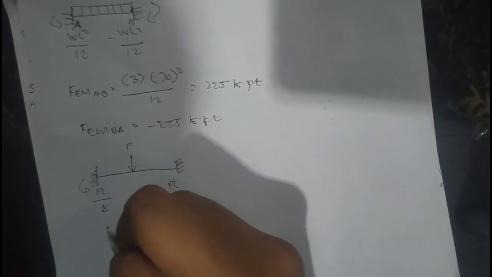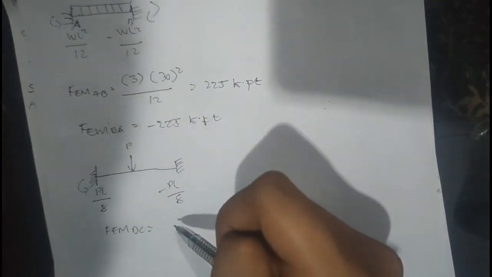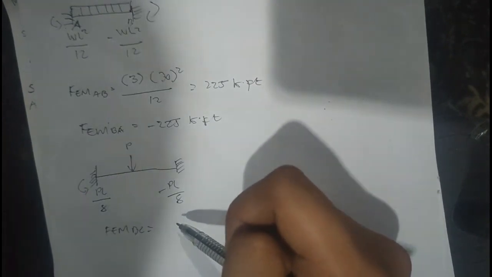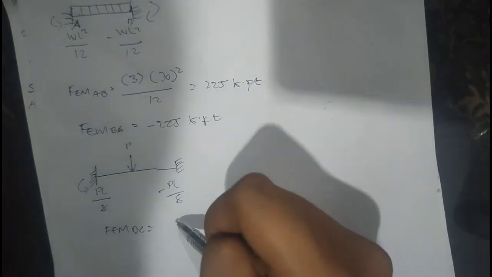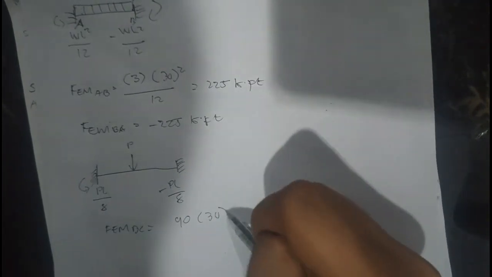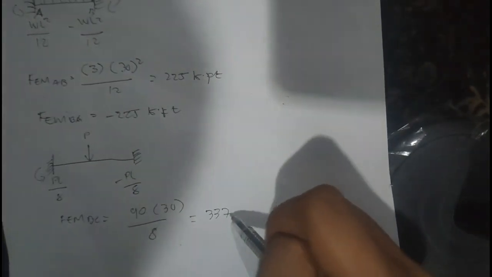So the fixed end moment at BC is 90 times 30 over 8 equals 337.5.